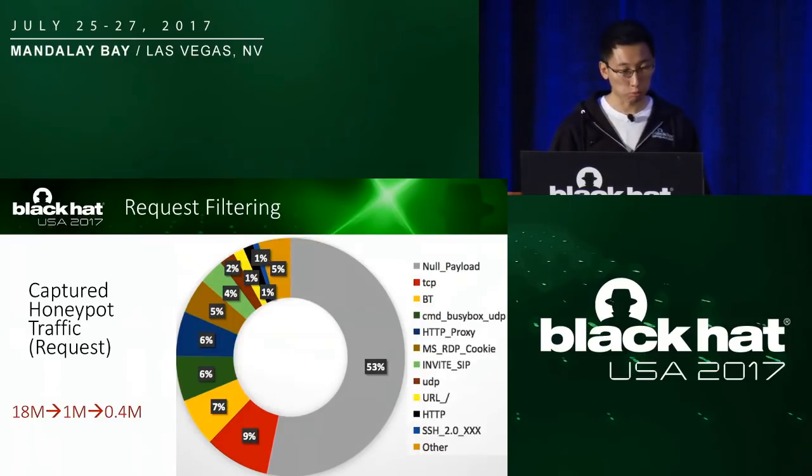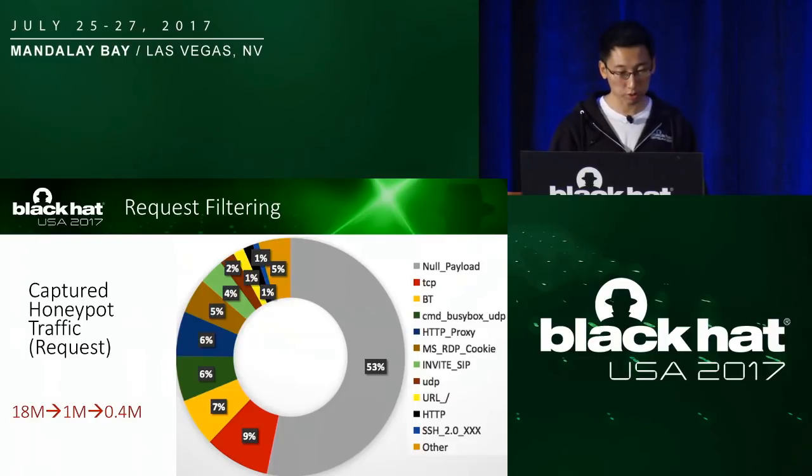One of the critical inputs to our scanner is the requests we captured from our honeypot. In our database, since last December, we have stored around 18 million raw requests in total. And we observed that the majority of them are clearly not IoT related. Therefore, we perform a filtering process to eliminate those kinds of requests.